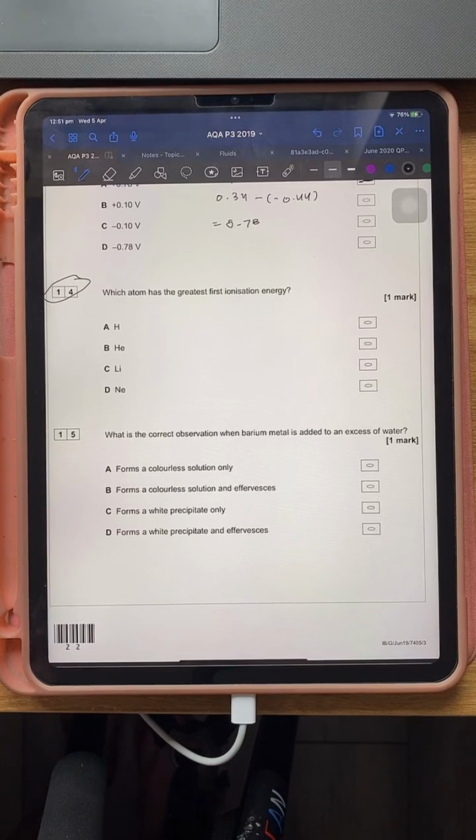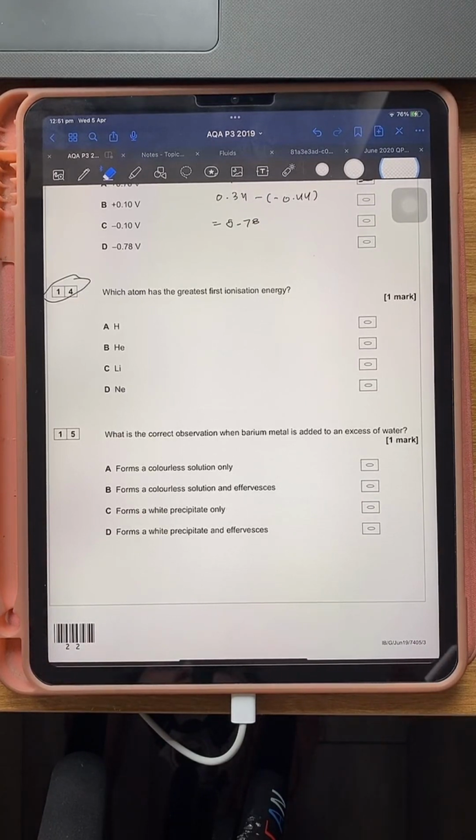It's helium. The atom with the greatest ionization energy is always the noble gases, and definitely the ones at the very top because it's the smallest. And so it's B.